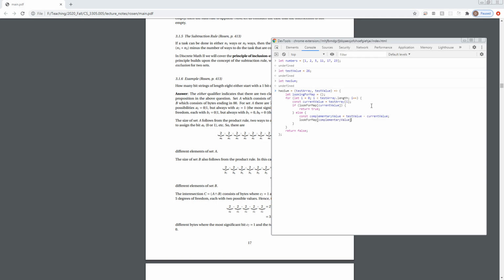And so the value that we'll associate at the key, the complementary value, the one that we'll test for whenever we get to some future place in the array, is just true. So that if the value at that complementary value is true, then we have a sum, because this is equivalent to saying we have the logical equivalence that test value is equal to complementary value plus current value.